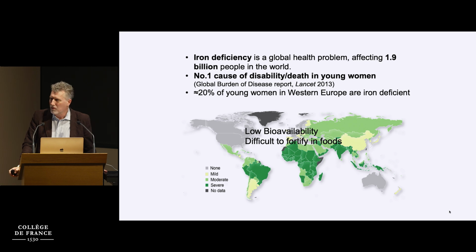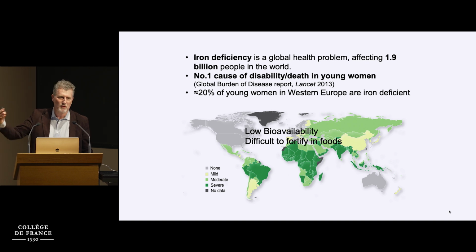In Europe, 1 woman out of 5 is iron deficient. In my own lab, in 15 years at ETH, I had 1 female postdoc, 1 female PhD student that had to go regularly every 6 months to the hospital to get blood transfusion. So why is such an invasive way needed to solve iron deficiency?